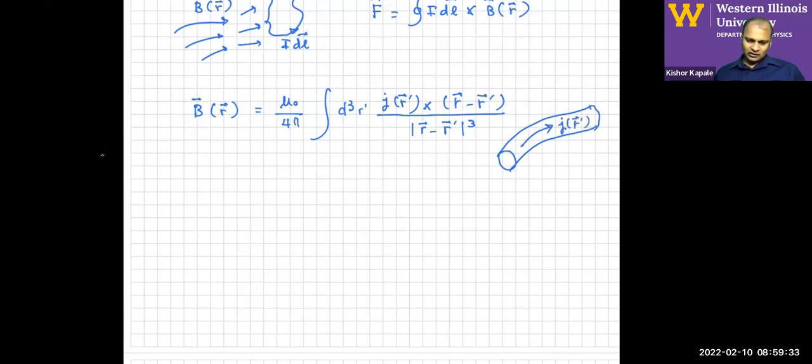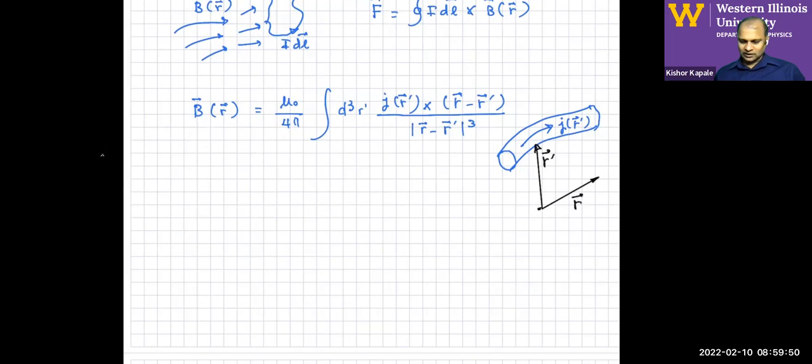And let's bring in our coordinate system again. I want to try to find the magnetic field at this point in space. This is our origin, and that's our sources. This is r prime, that's r.